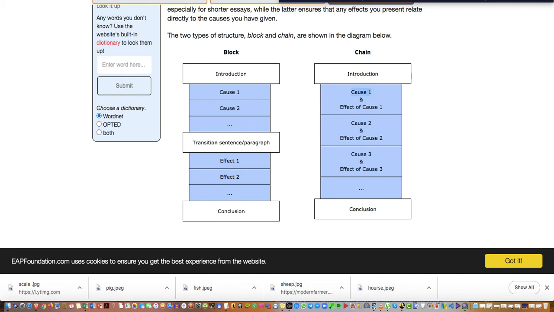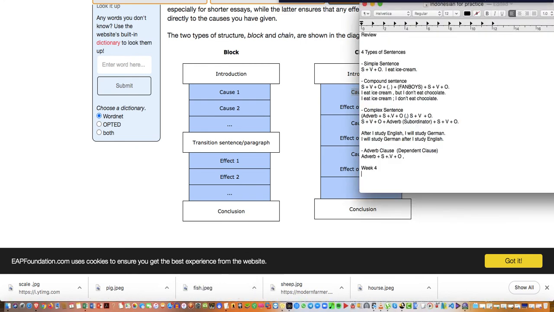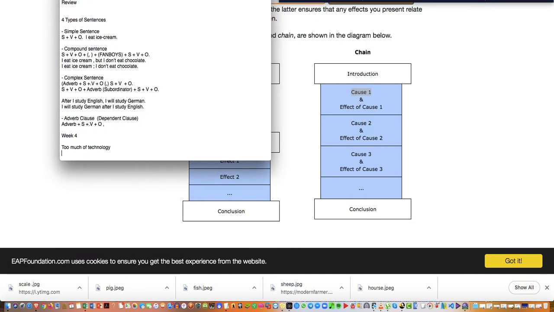You raise up the problem, for example, too much technology, and then what you need to do is write the cause. So if here is the cause, I would write like this, and then I have to write the effects of the cause as well.